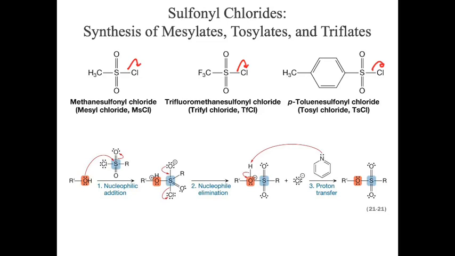Instead of it being a chloride, could they just as easily have been OHs? How would I get them to be OHs if I started with the chloride? Nucleophilic addition with what?